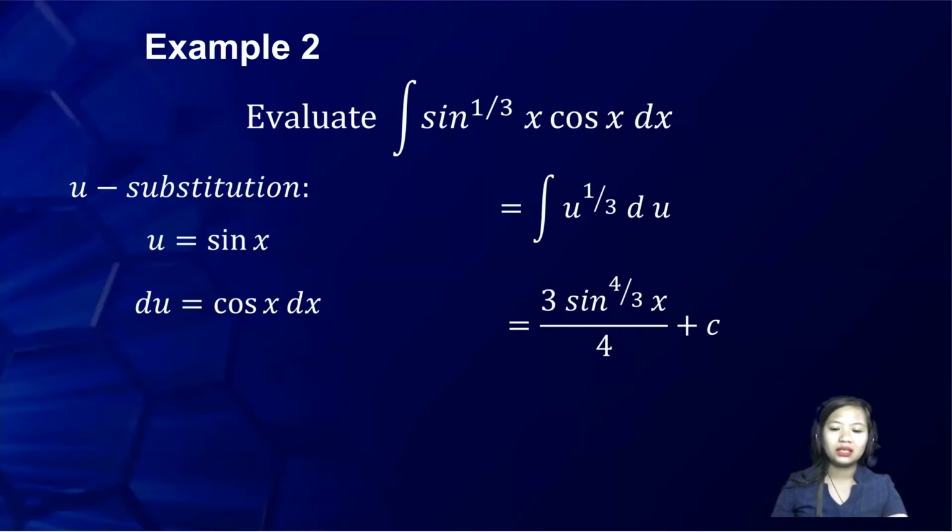Then applying the integral of this function, we have 3 sine raised to 4/3 x over 4 plus c. As you remember, on the basic rule, we add 1 to the exponent, and the sum of that exponent becomes the denominator of this function. So we come up with this answer.